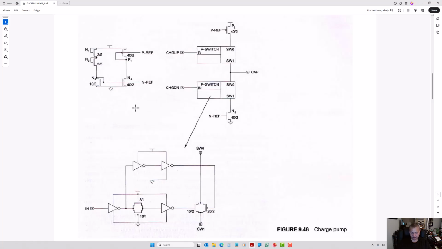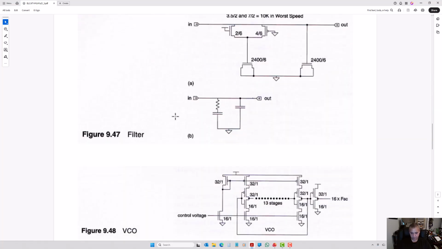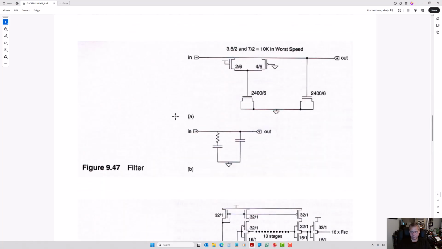Then we have the filter, here again, W and L of the channel in terms of 150 nanometers. Remember that this needs to be for the appropriate aspect ratio.